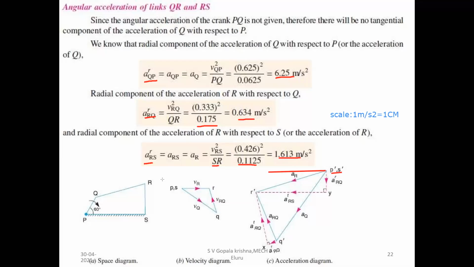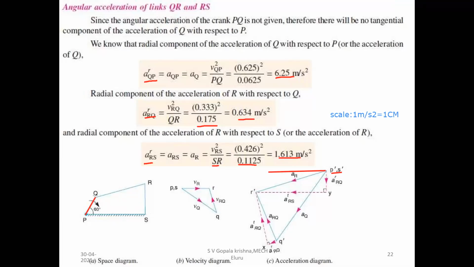Now we take the parallel line. Looking at the space diagram, which is very important, the PQ direction is known. We have to take the line parallel to QP when we set up the radial components.